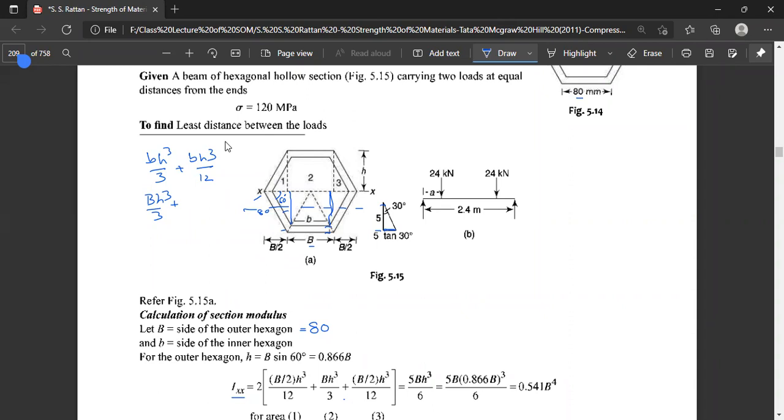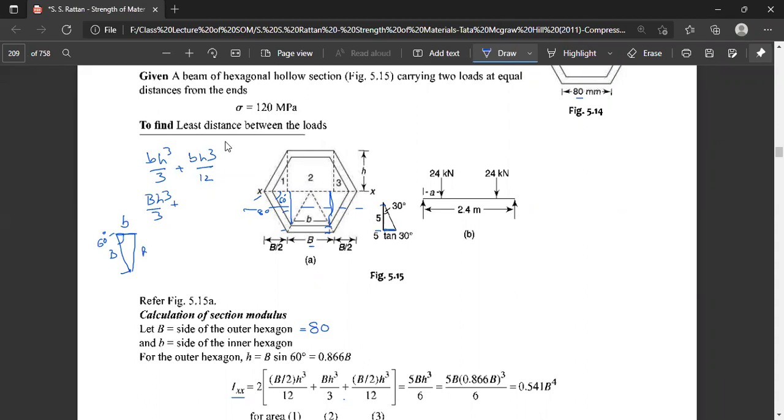If I have in this triangle here, where the angle is 60 degree, and this width is b, and this is our height h, and this is our height b here.